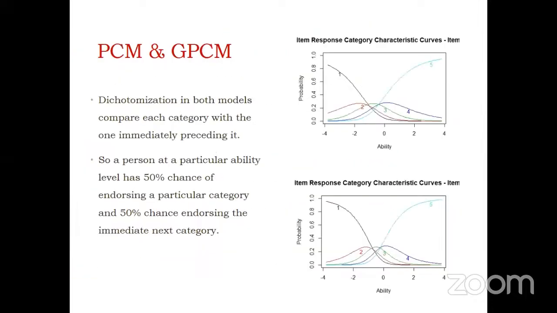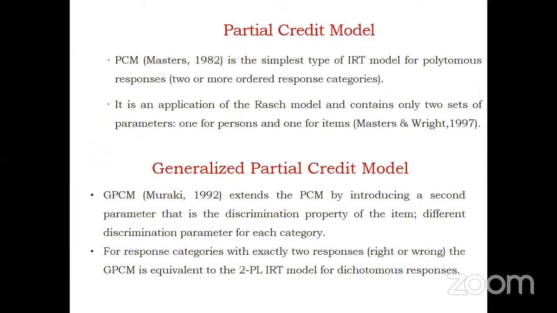Then the GPCM is an extension of the PCM. In dichotomous responses, we can use a 2PL model. For polytomous responses, we can use the GPCM, or the generalized partial credit model. So GPCM is applicable for rating scales.